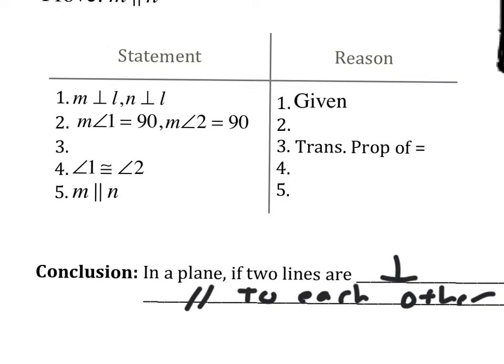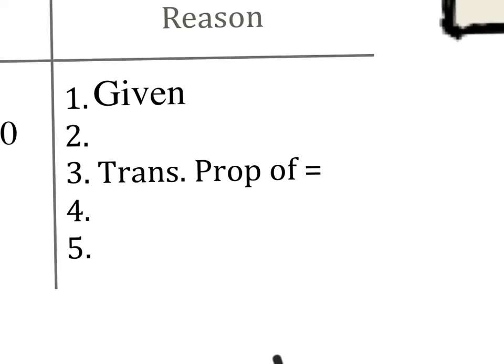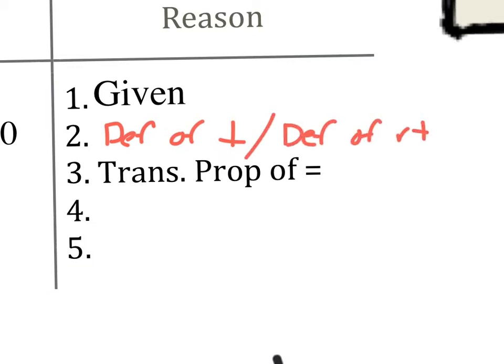So as we look at this, officially this proof should probably have another step in there. But perpendicular goes to 90. There's no direct theorem. So this is actually definition of perpendicular lines, and then we're also saying the definition of right angles. If you only put one of them, that would be sufficient. In fact, the best one would probably be the perpendicular one.